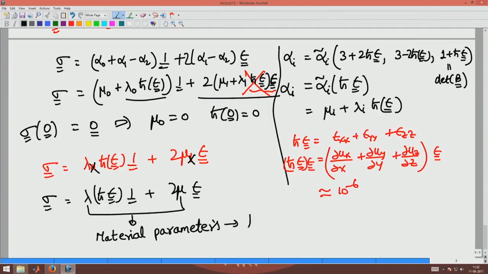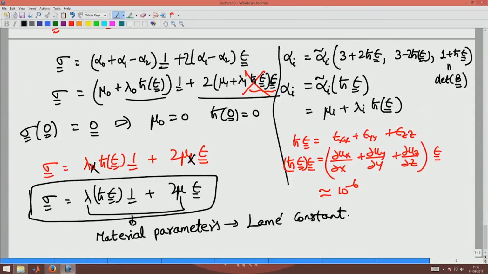In particular, they are called Lamé constants. Okay. So, this is the constitutive relation that we will be using in this course.